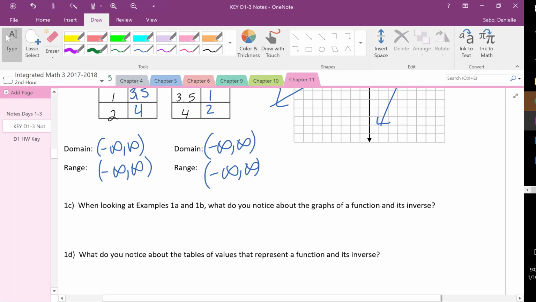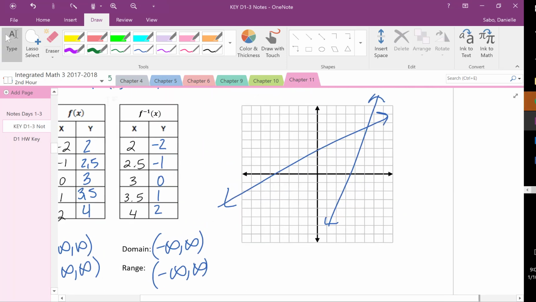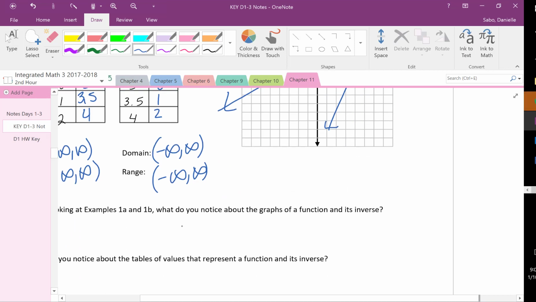Okay, when you're looking at examples 1A and B, what do you notice about the graphs of the function and its inverse? So when you're looking at the graphs, what do you notice about the original and its inverse? Yes? They intersect. That's a good one. So they intersect. What else? It's kind of hard to see.